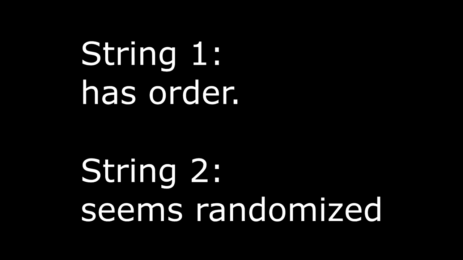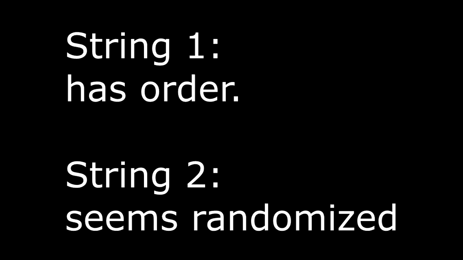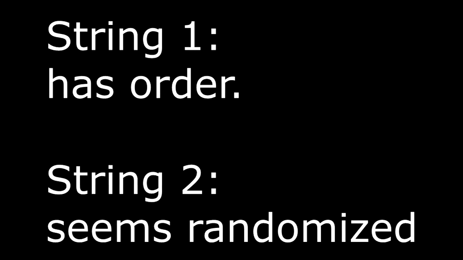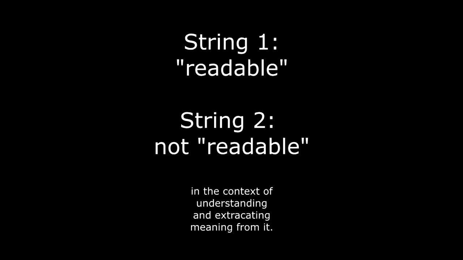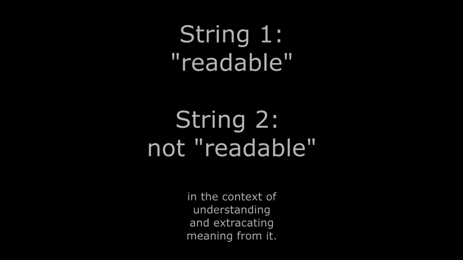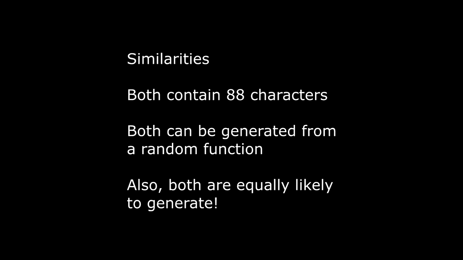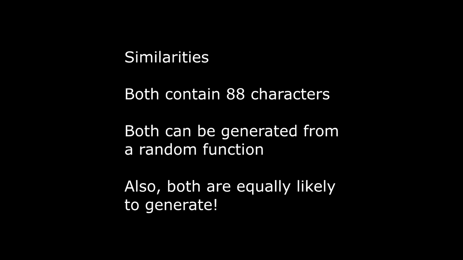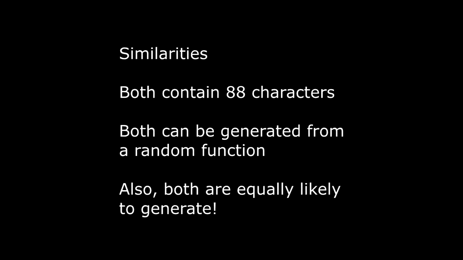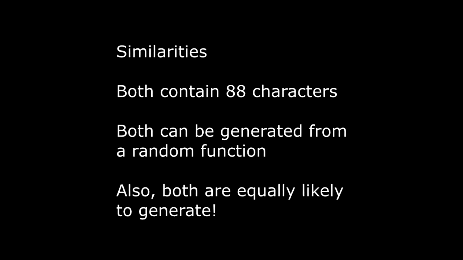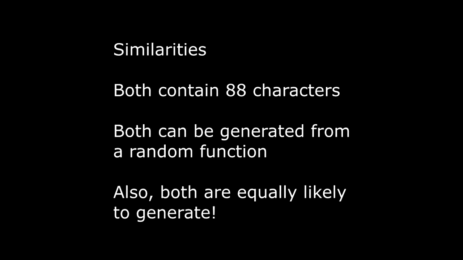Now you can notice two main differences in this password. One seems to be in order, and one seems to be randomized, and one actually is readable and the other is not. Those are the two main differences. They both contain 88 characters and can both be represented using a random function and have very low probabilities of occurring.